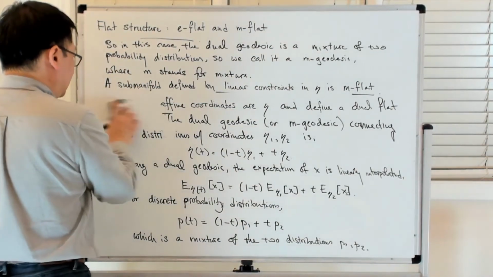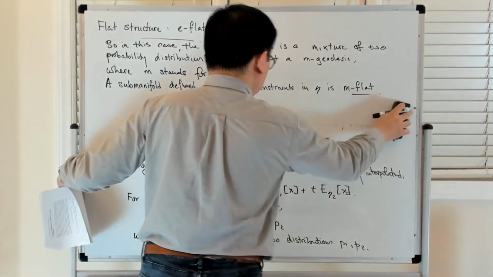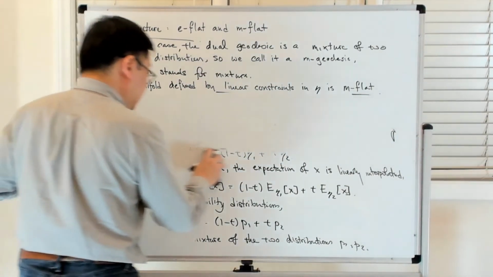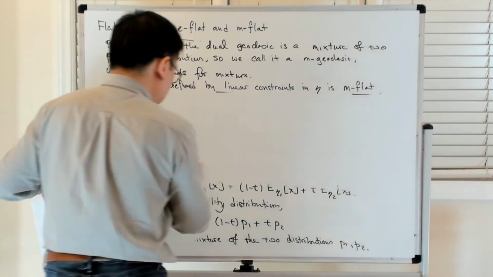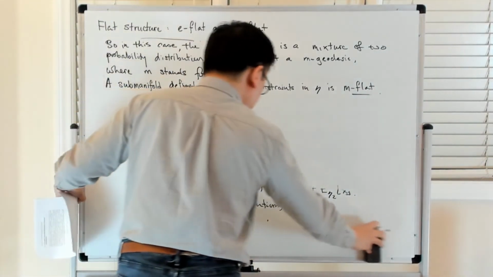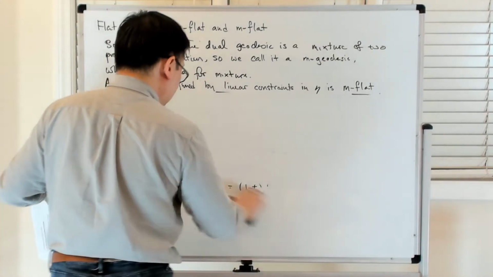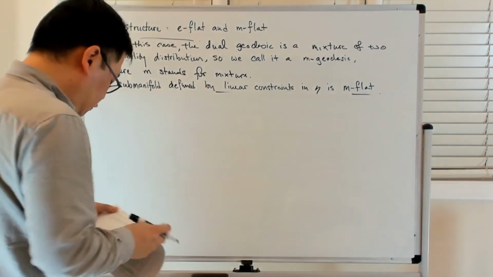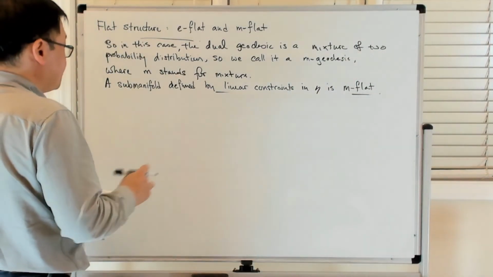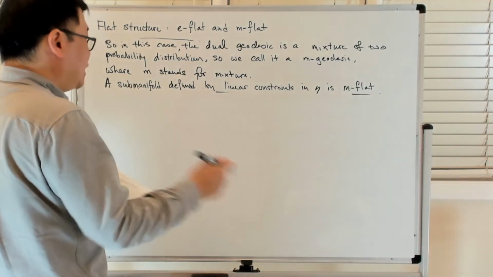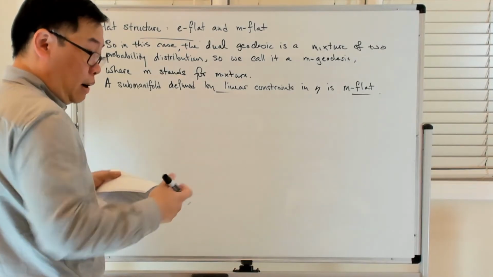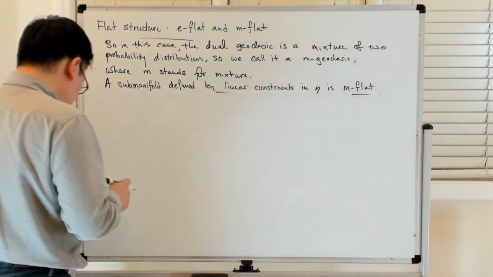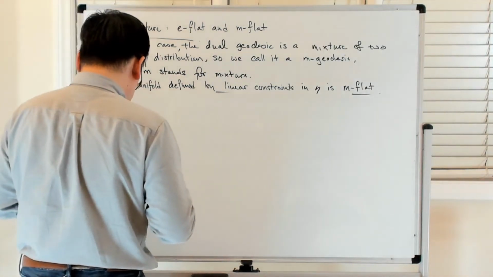So I should say that one needs to be a little bit careful about this terminology. In general, if you're not working with discrete distributions, and you're working with some sort of exponential family, the M geodesic connecting two probability distributions is not really a mixture.